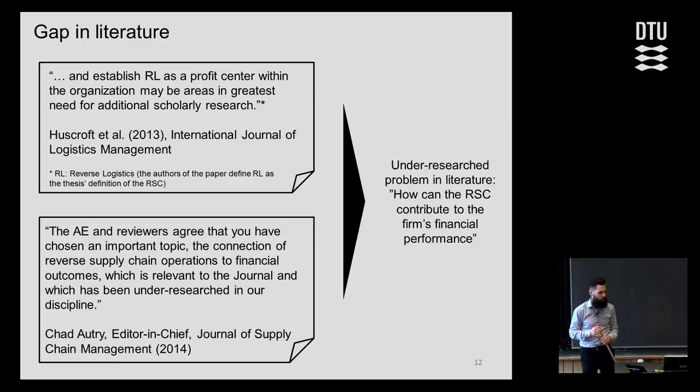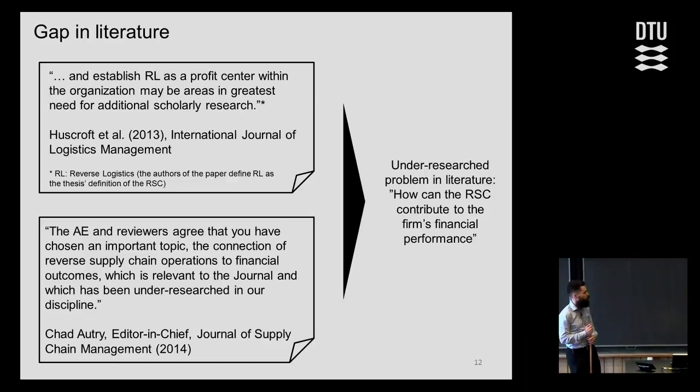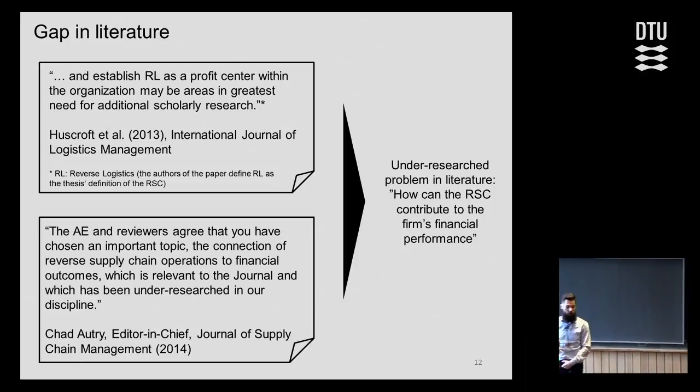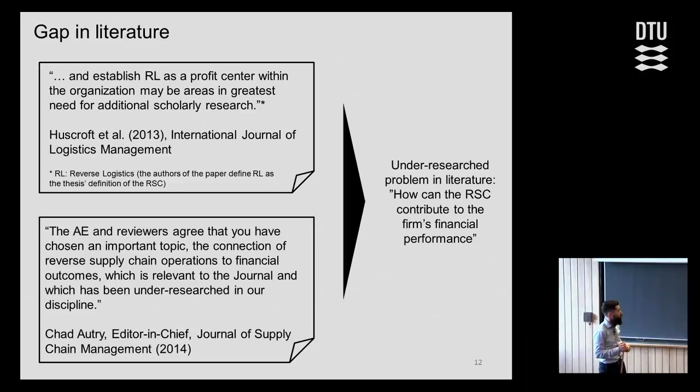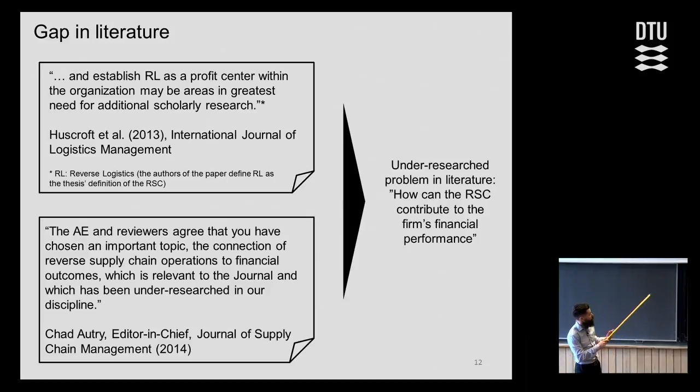Here is a definition of the gap in literature that this project contributes to filling. The first is the very last sentence of a literature study conducted in 2013, and it says that we need to research how the reverse supply chain can become a profit center within the organization. This paper defines reverse logistics as this project defines the reverse supply chain.